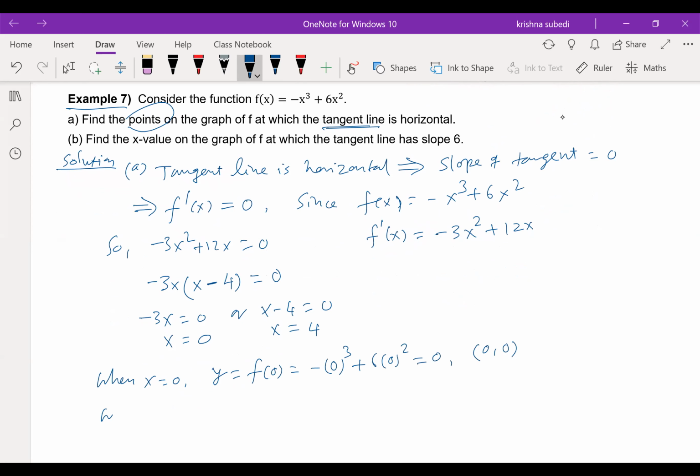And the second point, when x equals 4, y equals f of 4, which is negative 4 cubed plus 6 times 4 squared. That's going to give you 32. So another point is 4 and 32. These are the 2 points where the tangent line will be horizontal.